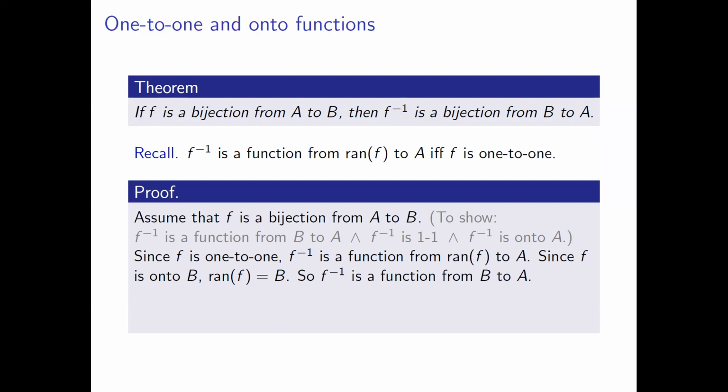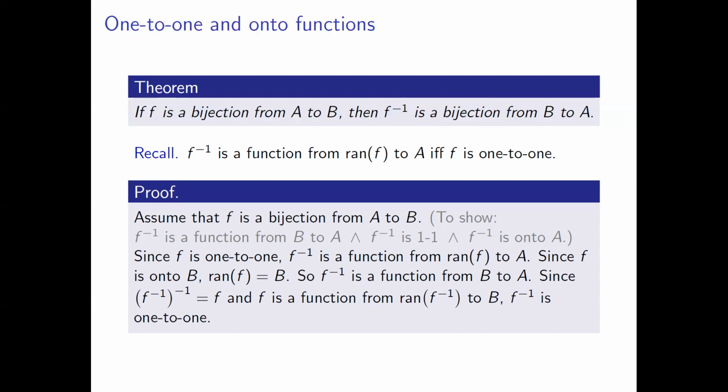It remains to show that f inverse is 1-to-1 and onto A. To show that f inverse is 1-to-1, we will again use the result quoted above. But this time, we will replace f in the result by f inverse. Since the inverse of f inverse is f, and f is a function from the range of f inverse to B, it follows from the result above that f inverse is 1-to-1.